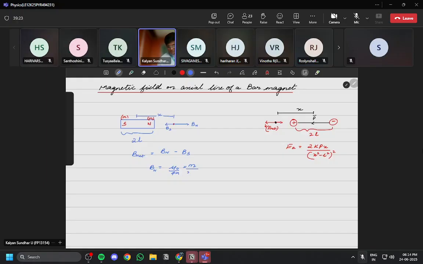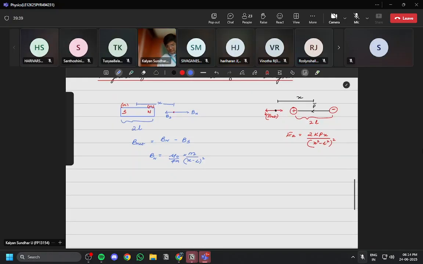So x minus L the whole square. Similarly, for B south, it will be mu naught by 4 pi into m divided by x plus L the whole square.